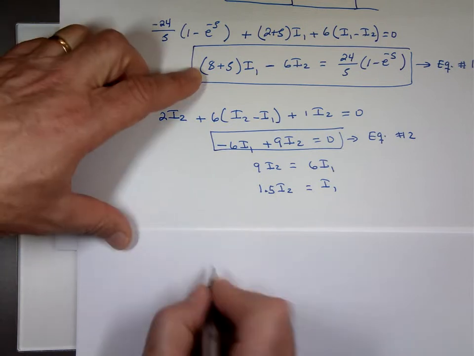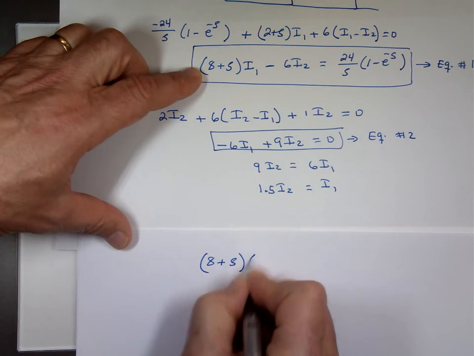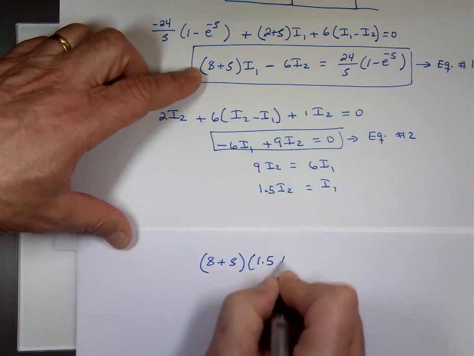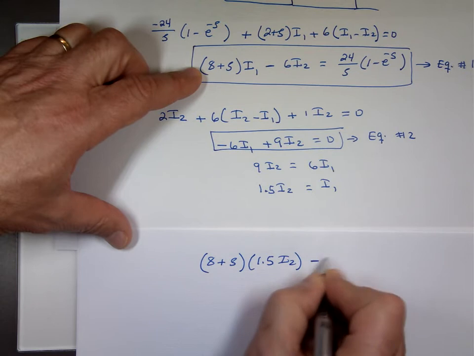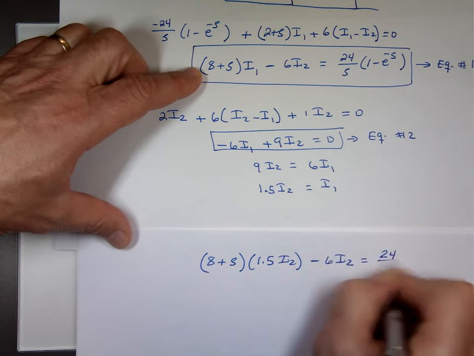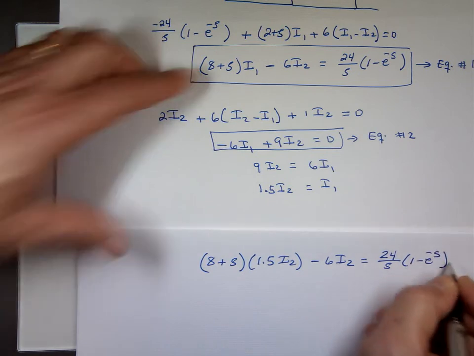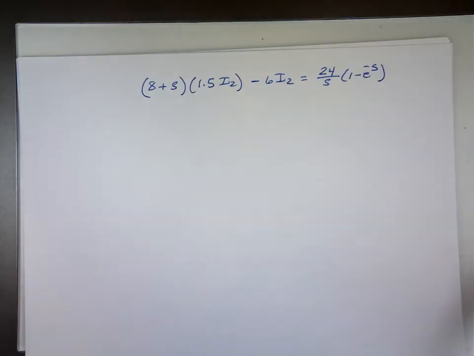So 8 plus s times 1.5 I sub 2 minus 6 I sub 2 is equal to 24 over s, 1 minus e to the negative s. One equation by one unknown.